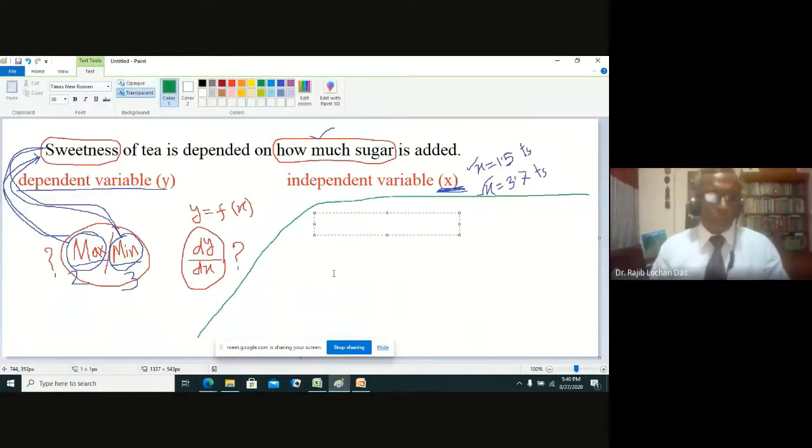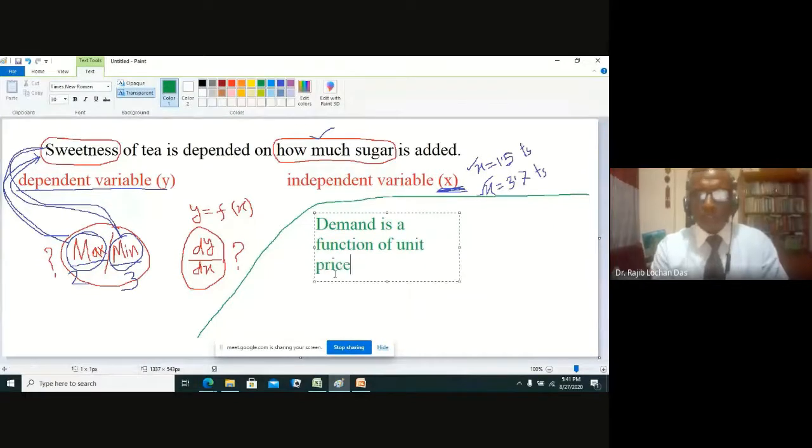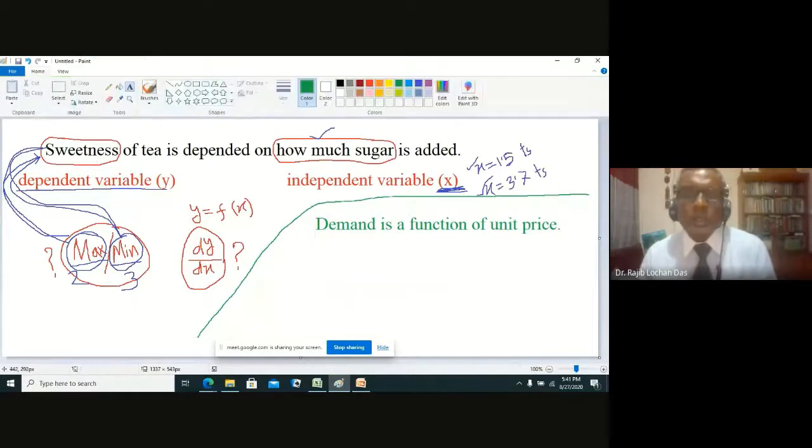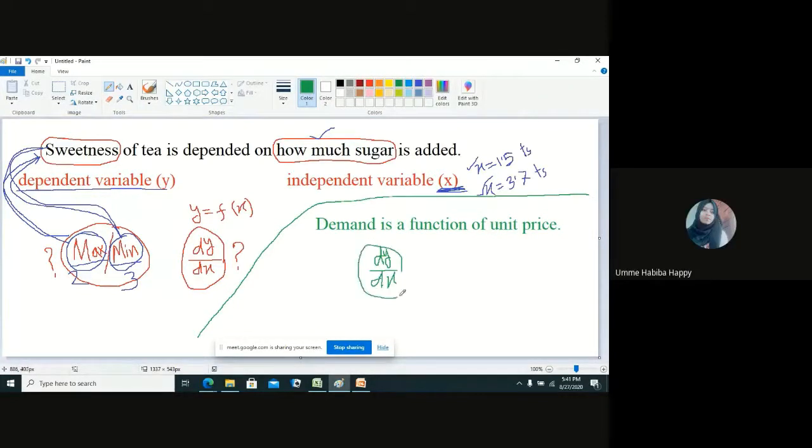So let me give you another example. The common example, say the demand is a function of unit price. Okay, so this is the function example from our real life situation, and you can now do the same way ddx of y. In this case, what will be your y and what will be your x? Demand is Y and unit price is X. Good.